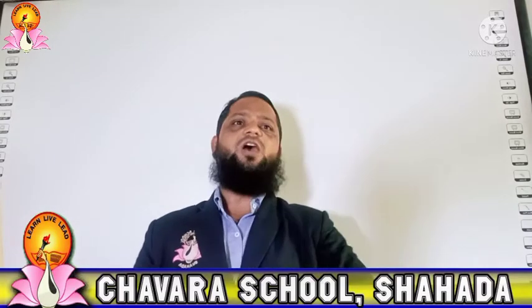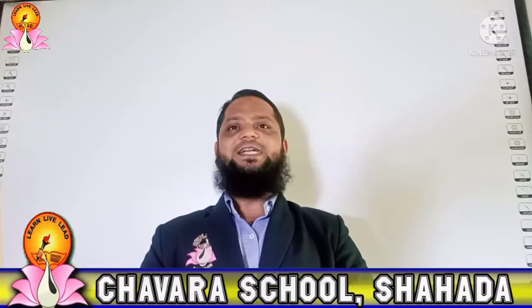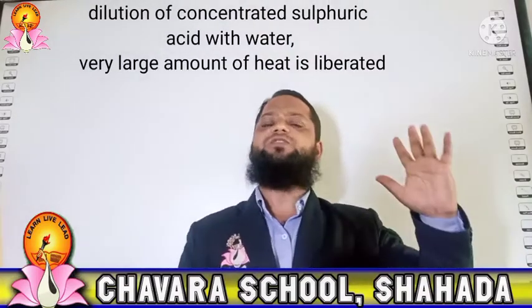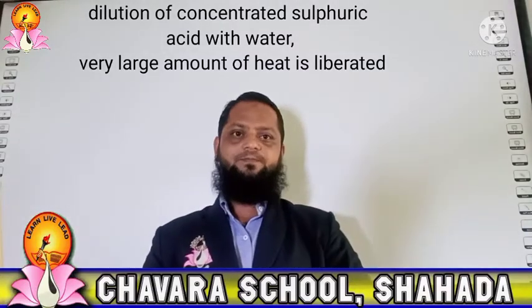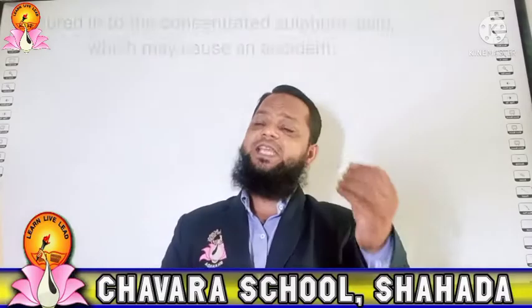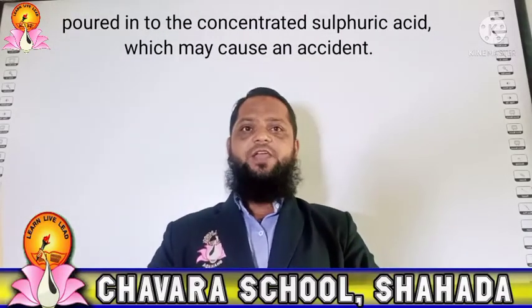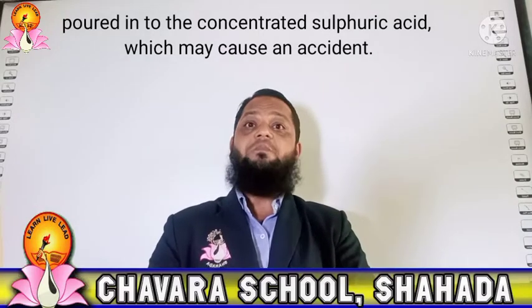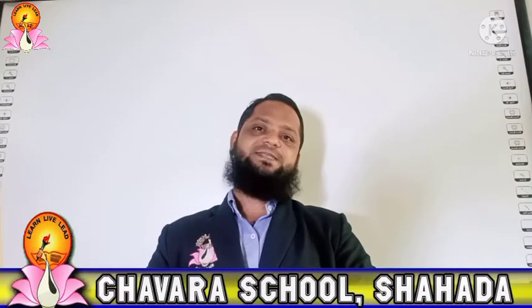In the process of dissolution of concentrated sulfuric acid in water, a very large amount of heat is liberated. As a result of this, dear children, water gets evaporated if it is poured into the concentrated sulfuric acid, which may cause an accident.